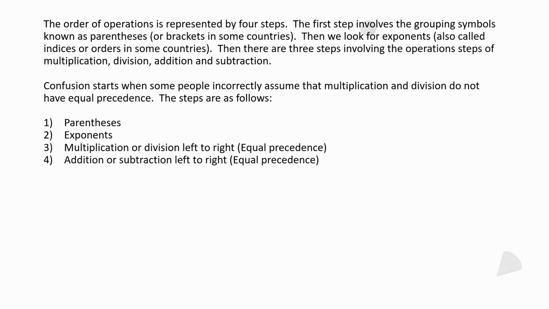Then we solve multiplication or division left to right, remembering that they have equal precedence. One doesn't have to come before the other. You just go left to right, solve whichever one comes first. Then you have addition or subtraction left to right. And again, addition and subtraction have equal precedence.